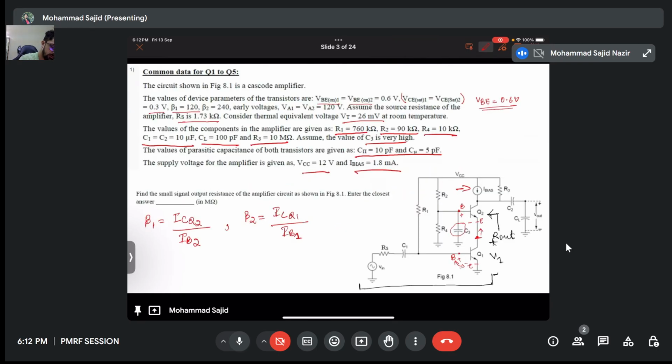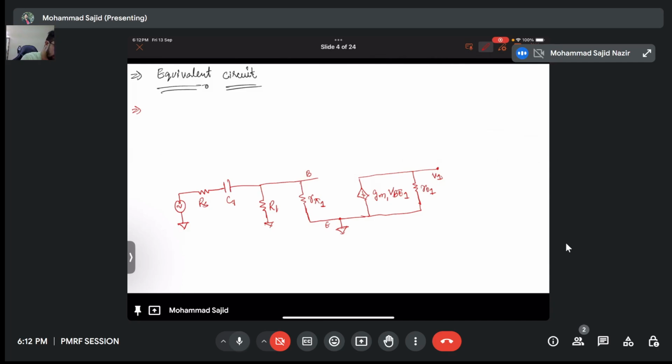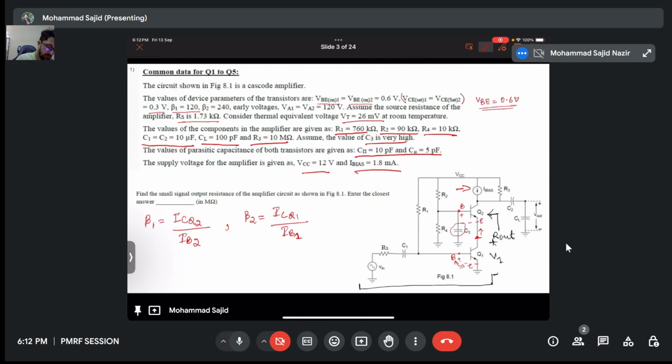Now this node is connected to the emitter terminal of Q2. Let's first draw its gate connections. We will have this grounded because the AC signal is not there. So we will have R1 parallel R2, right? Sorry, not R1 parallel R2.